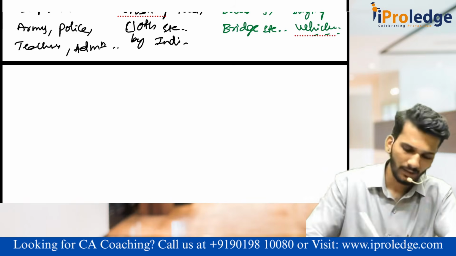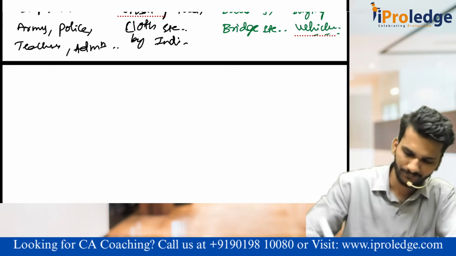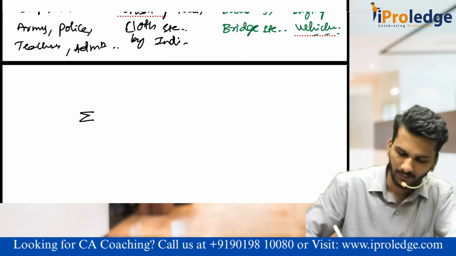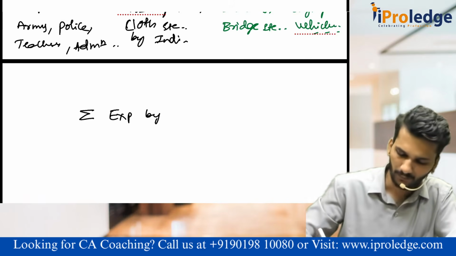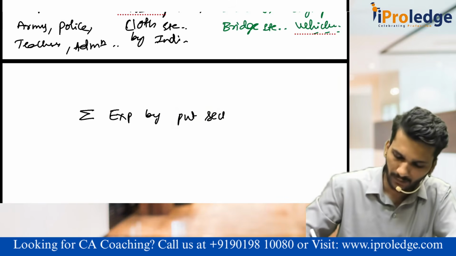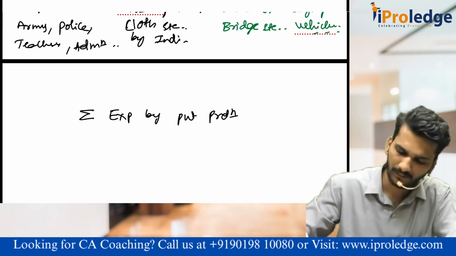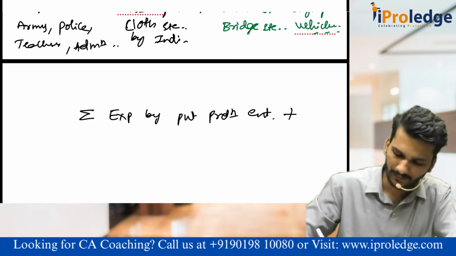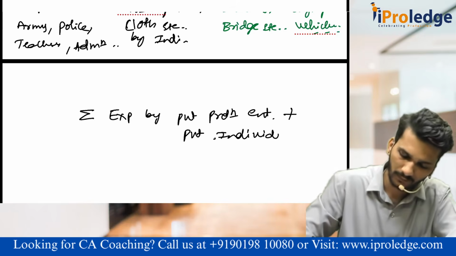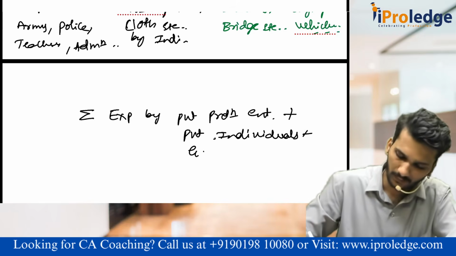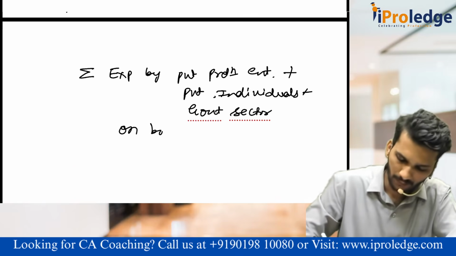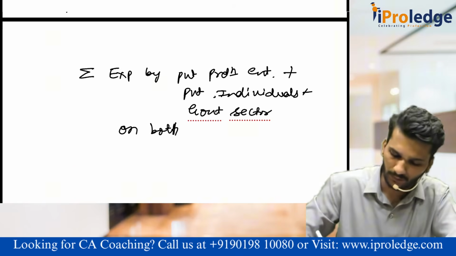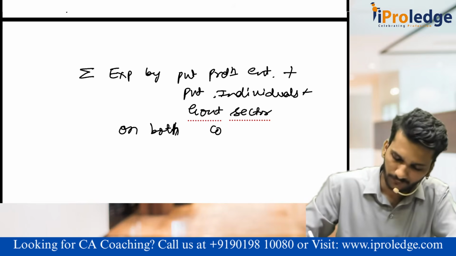Under the expenditure method, if you sum up expenditure by private producing enterprises plus private individuals plus the government sector on both, what is that both?